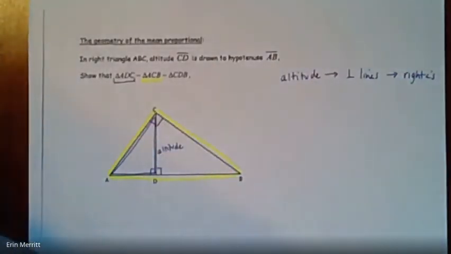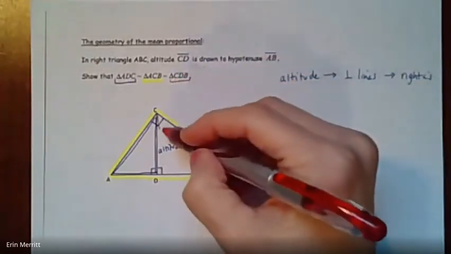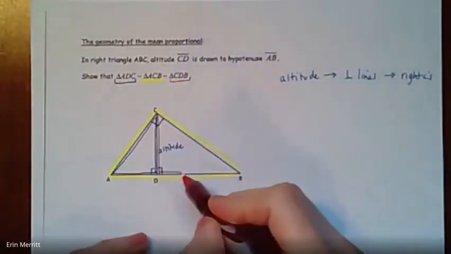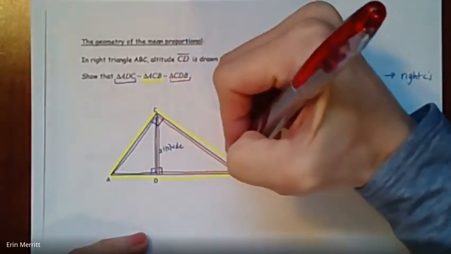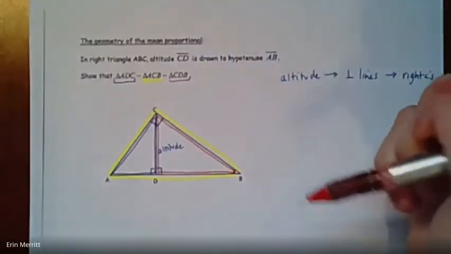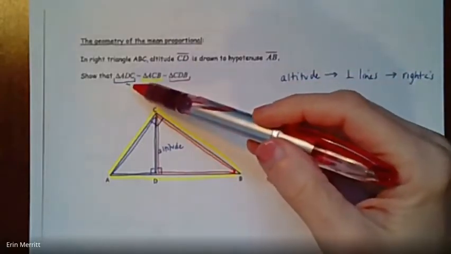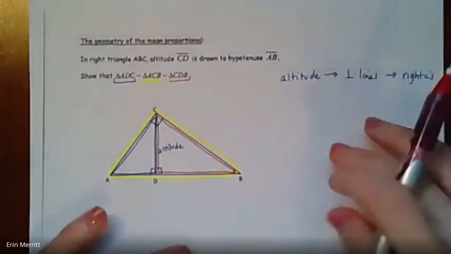And then as always, I got my red pen sitting here. And then CDB. So you have 3 triangles, essentially, when you draw the altitude in, going from the right angle down to the hypotenuse. And what we're saying is, do we need to show that they are all similar?